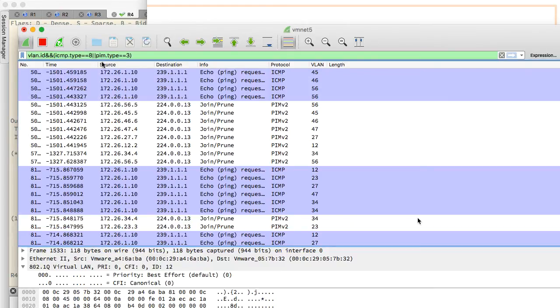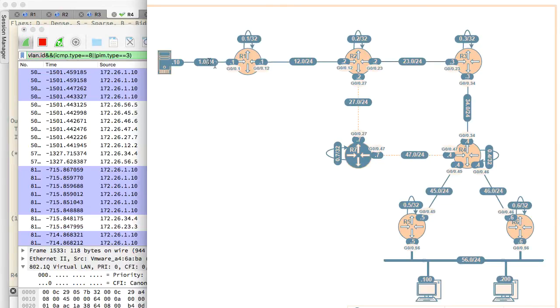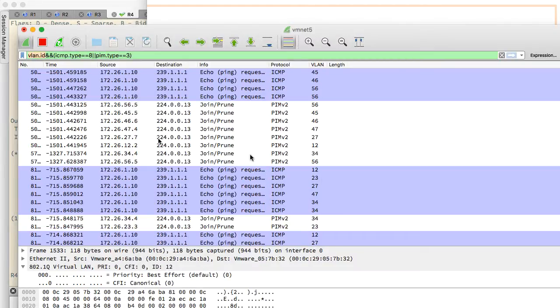So I had to go by the PIM type of 3. It looks like Wireshark doesn't really have a join prune message filter, but anyway, we are filtering on the join prune message. We're filtering on ICMP requests. And I'm also taking the VLAN ID into consideration because this very first hop router here is a native interface. So there's constant ICMP traffic on it, which I don't want to see. So I'm essentially eliminating that with the VLAN ID command.